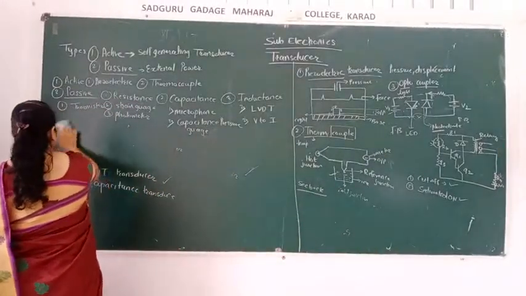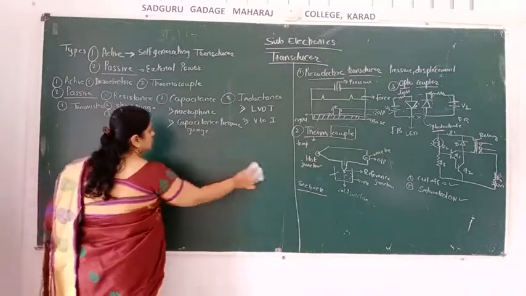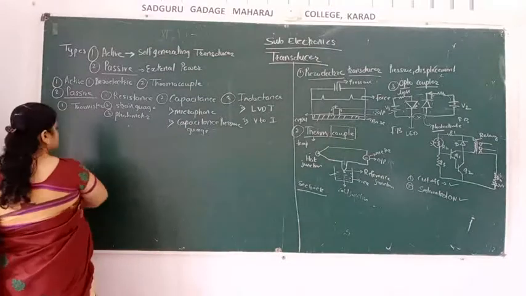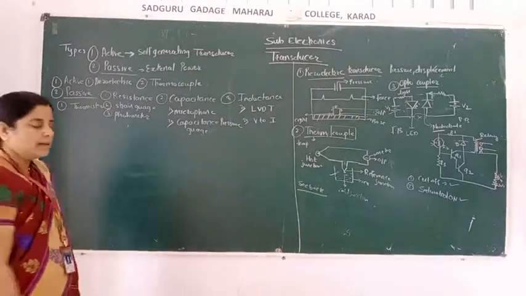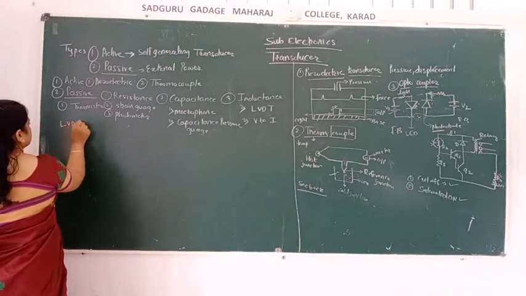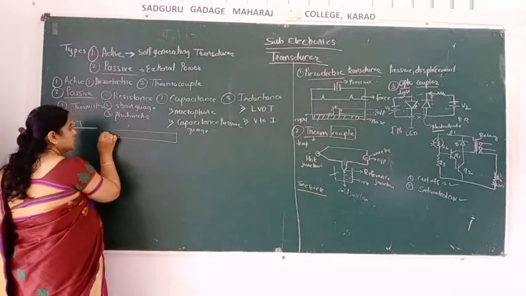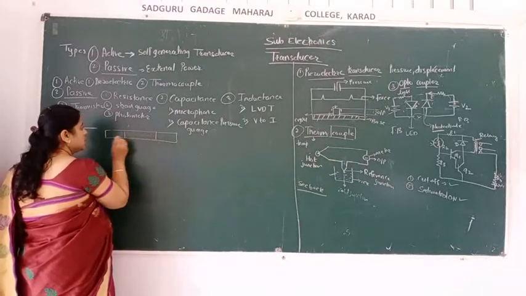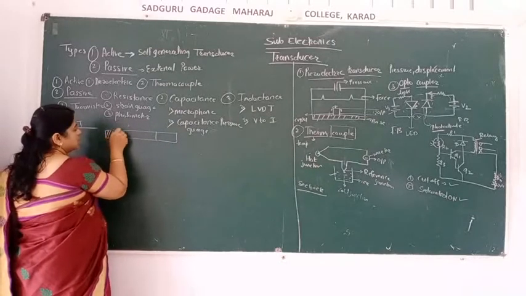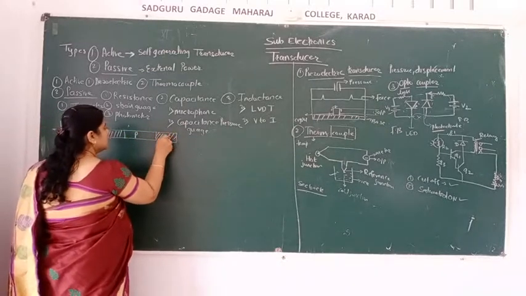LVDT and capacitance transducer. Those two transducers are there. It is the LVDT and the capacitive transducer. In LVDT, what is there? See, I have told you that there are two secondaries of the transformer. This is the primary of the transformer and these are the secondaries.